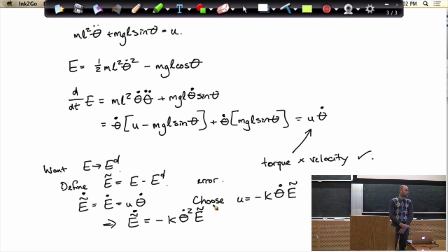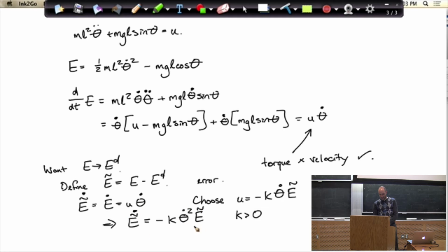It's just algebra, right? And then what does that look like? That's a nonlinear dynamical system, but it's a really simple one. I know if I choose K to be greater than 0, which I should do, right? Theta dot squared is always going to be greater than or equal to 0. So I can reason about the dynamics.